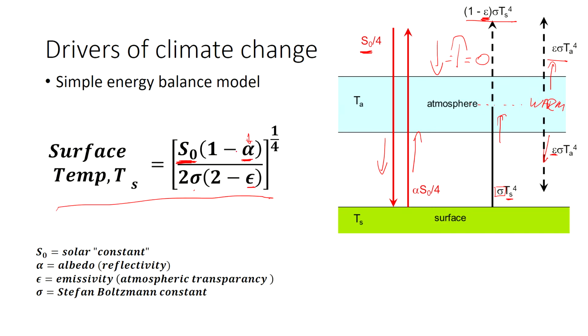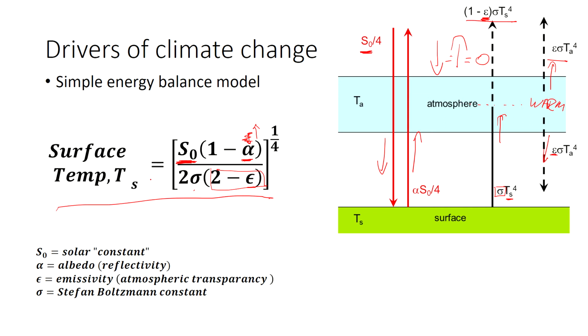If the planet becomes more reflective, alpha goes up, more energy gets sent out to space, and the planet will cool down. Likewise, if the emissivity, or opaqueness, of the atmosphere goes up, then this term at the bottom will get smaller, which means that the surface temperature will go up.